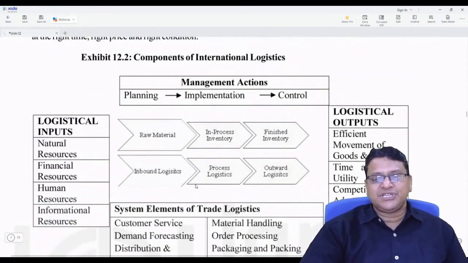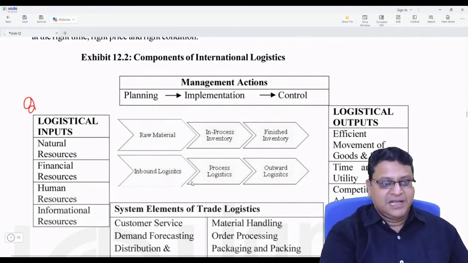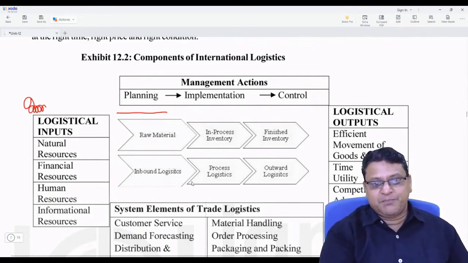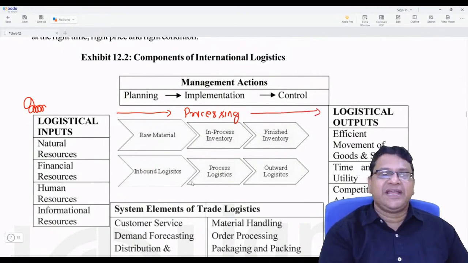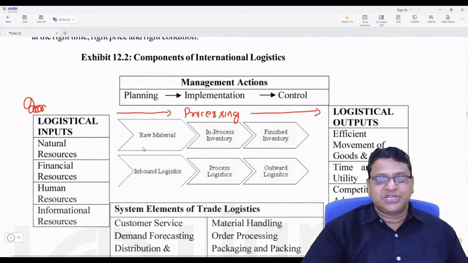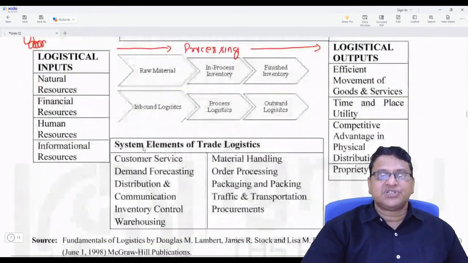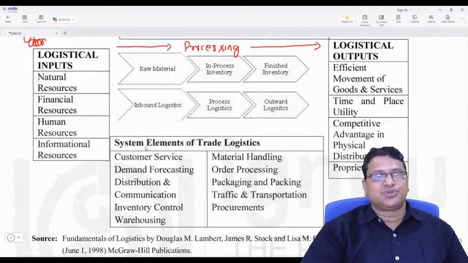In case of logistic management, there will be some logistic inputs, and there will be some logistic processing, and there will be some logistic outputs. This is the entire system of logistic management. What are the logistic inputs?